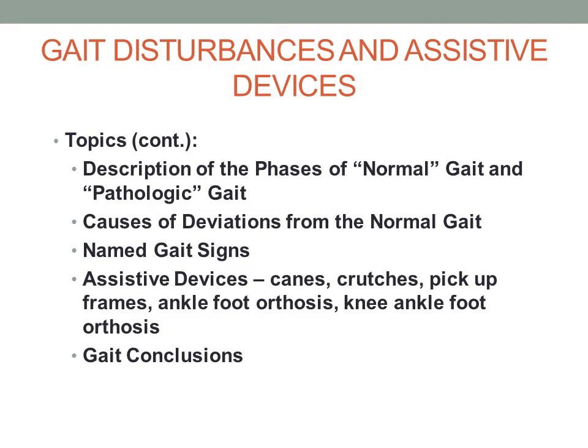So we go into a discussion of canes, we talk about crutches, we talk about pickup frames, we talk about ankle-foot orthoses and knee-ankle-foot orthoses, and in particular we give special emphasis to discussion of canes, because more and more injured workers are coming to QME examinations with a cane.